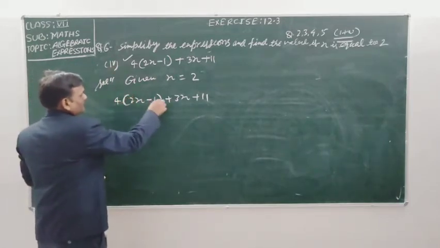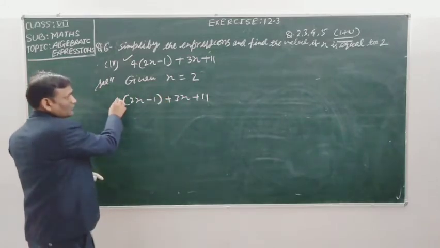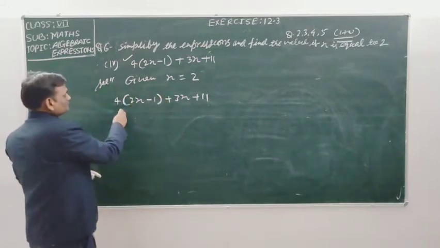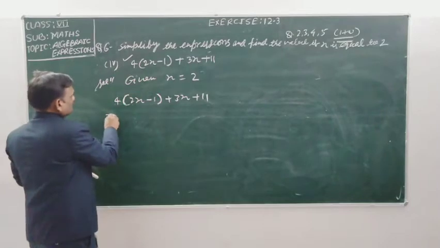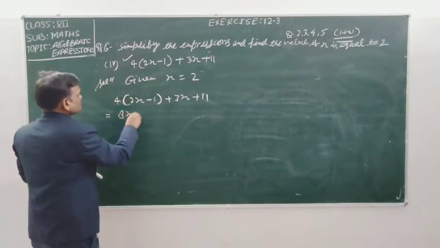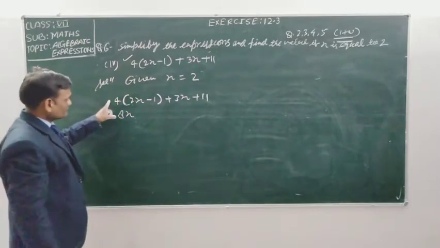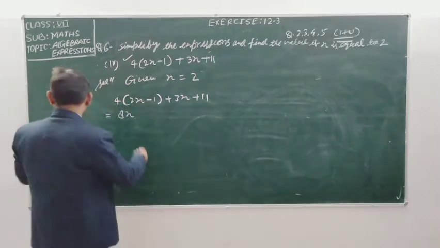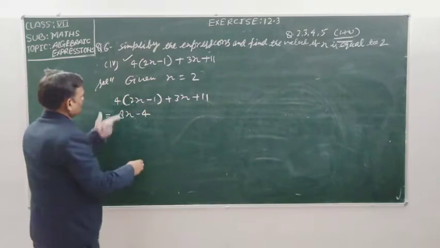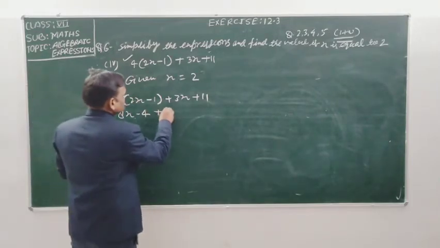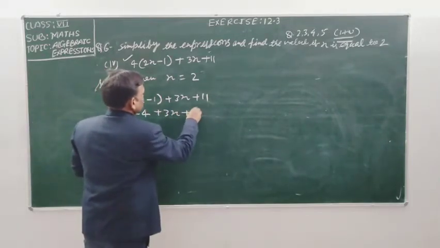For removing the bracket, we have to multiply by 4 in the bracket. So 4 twos are 8x, and when you multiply 4 and minus 1 you will get minus 4, plus 3x plus 11.